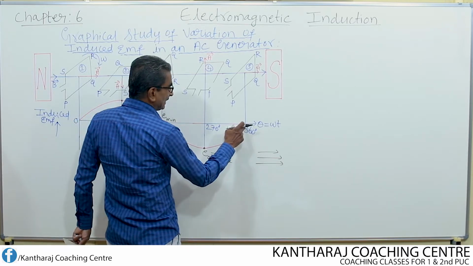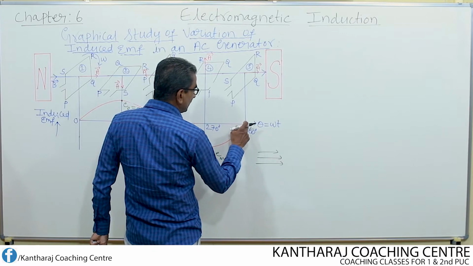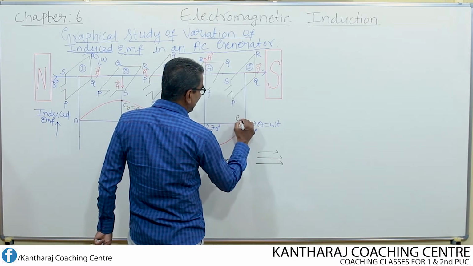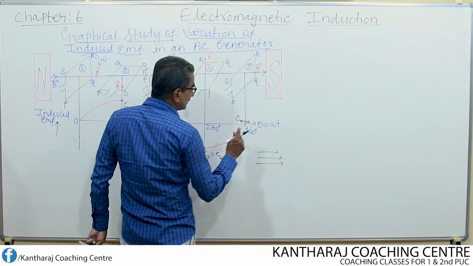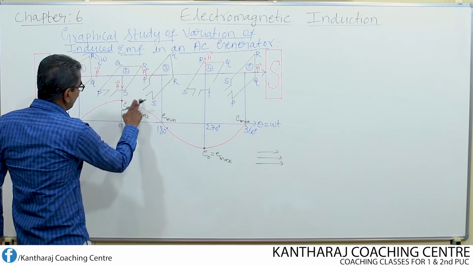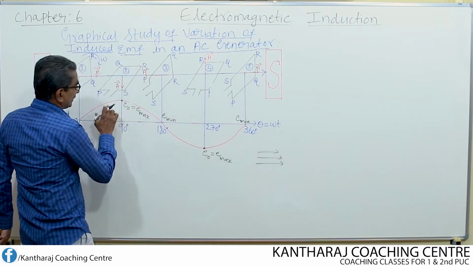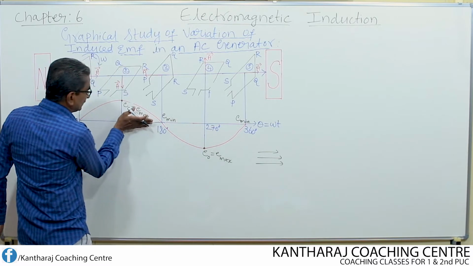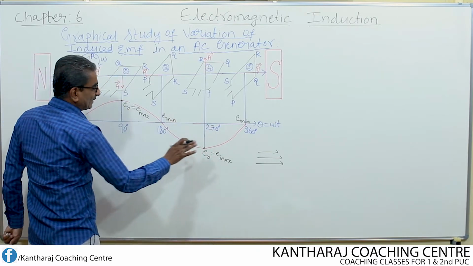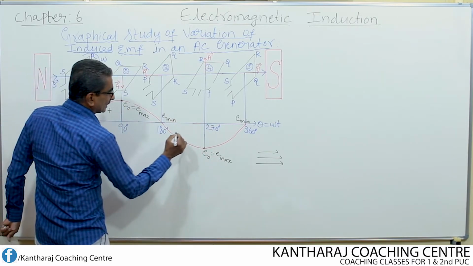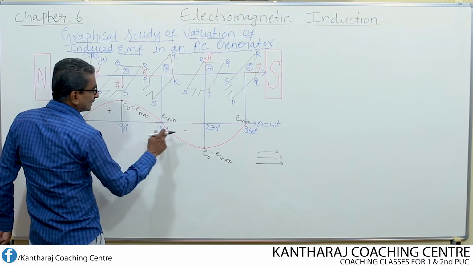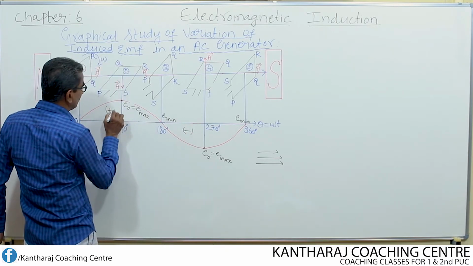Once again here the induced EMF is minimum, so it is E minimum. Now look here, we call this one complete cycle. This is the positive half cycle, this is the negative half cycle. Positive half cycle and negative half cycle together form one complete cycle.